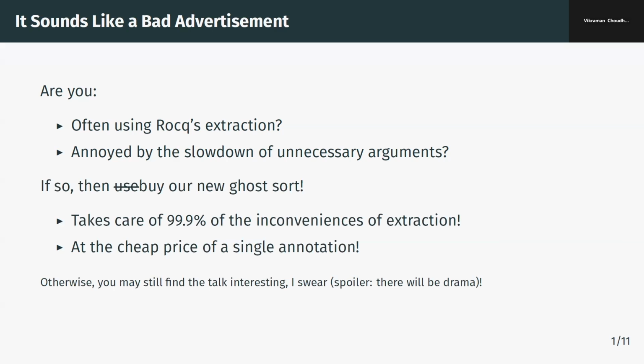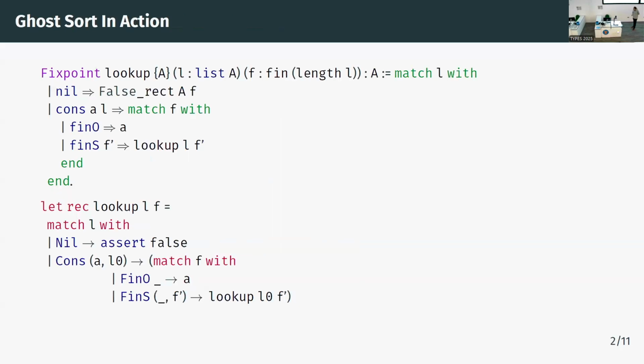So for instance, let's say that you want to define a lookup function to look up an index in a list. There are more or less two ways of doing that. The first one is monadic programming, saying if the index that you request is greater than the length of the list, then you return none, and otherwise you return some object.